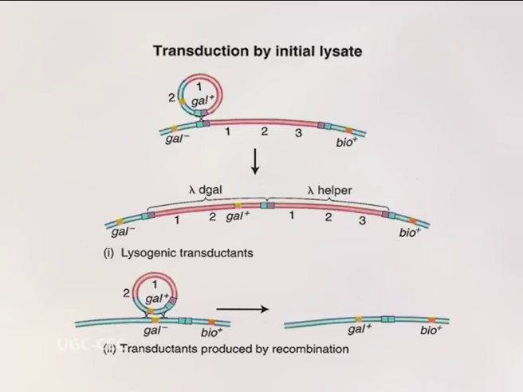The transductants are unstable because the prophages can be induced to excise by agents such as UV radiation. Excision, however, produces a lysate containing a fairly equal mixture of defective lambda dgal phage and normal helper phages. Because it is very effective in transduction, the lysate is called a high frequency transduction lysate or HFT lysate.